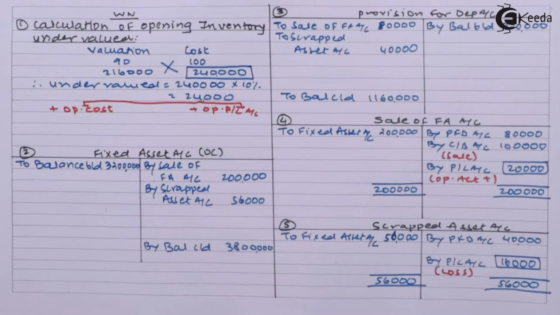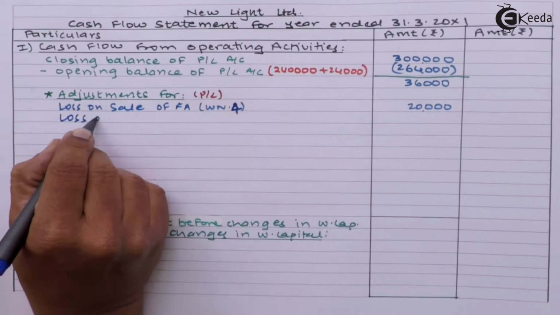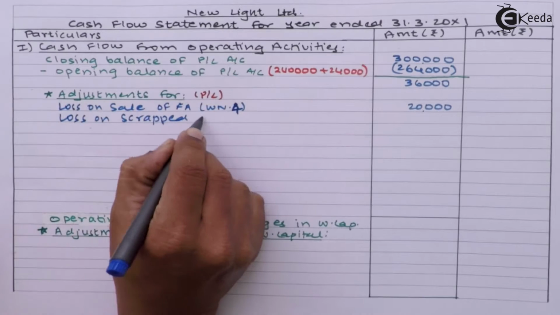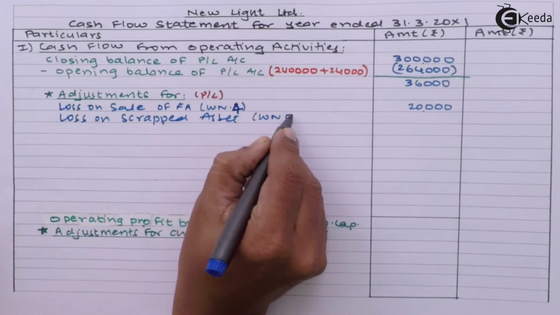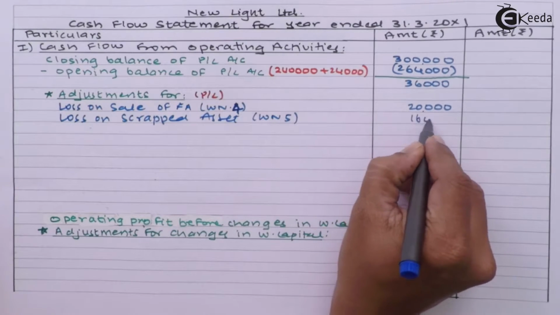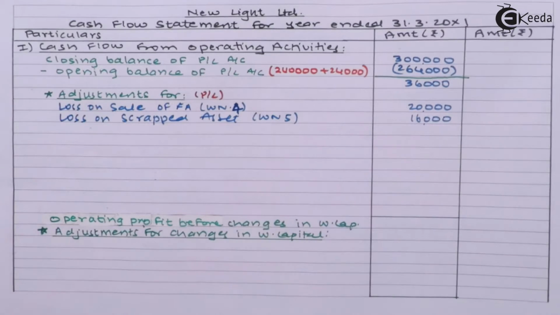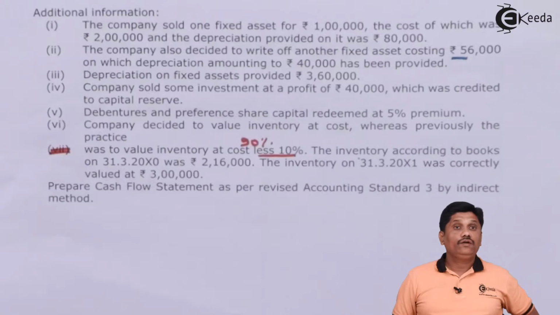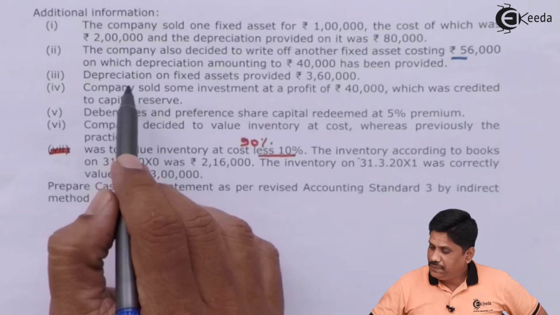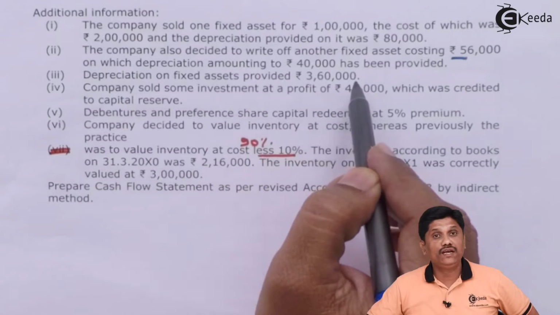This loss we have debited to P&L account, and in P&L account operating activity I will add this to find out correct operating profit. So I have adjusted this. Next question is saying that depreciation on fixed asset provided rupees 3,60,000.